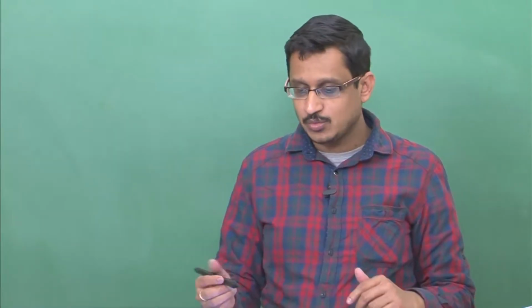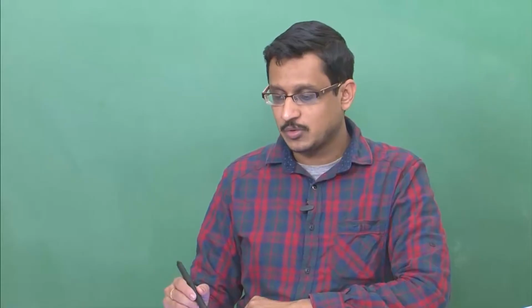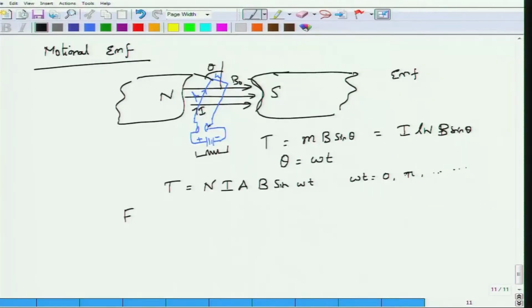So, even though torque is supposed to be 0 at omega t equal to integer multiples of pi, this will be only momentarily, before it overcomes this rest position. So, the torque is sort of continuous except for that brief moment around pi, but that does not really have too much of an effect on how the voltage is induced on the load resistor.